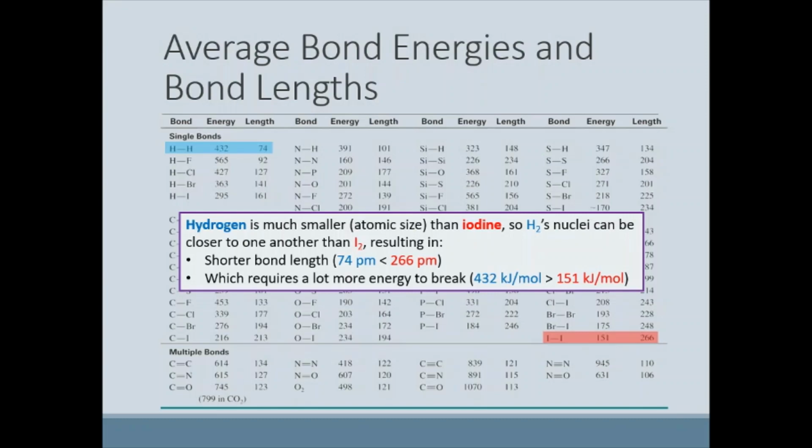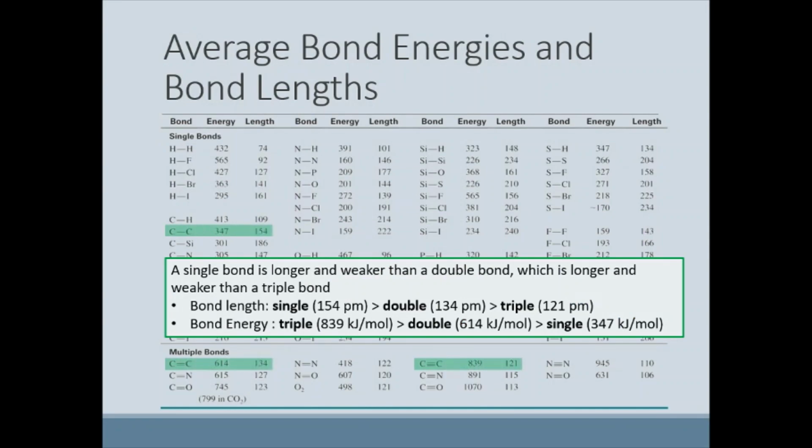Or on the other side, if we look at single bonds versus double bonds versus triple bonds. Here again, these lines are kind of misleading, because when I say double bond, it is not really two single bonds making up a double bond. But for lack of other illustrations, we draw double bonds as two lines and triple bonds as three lines between the atoms.